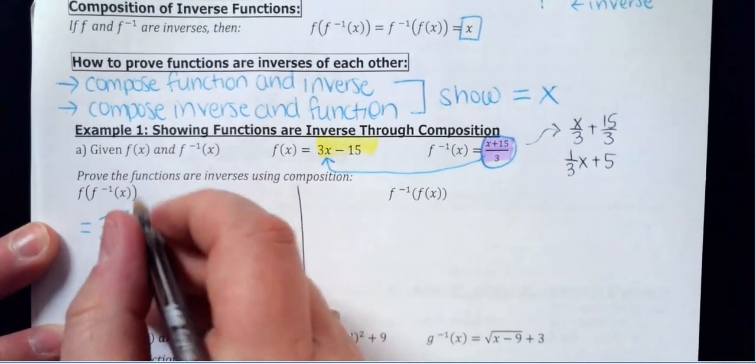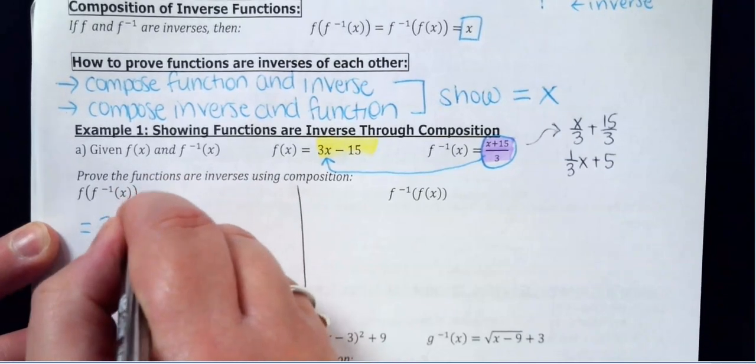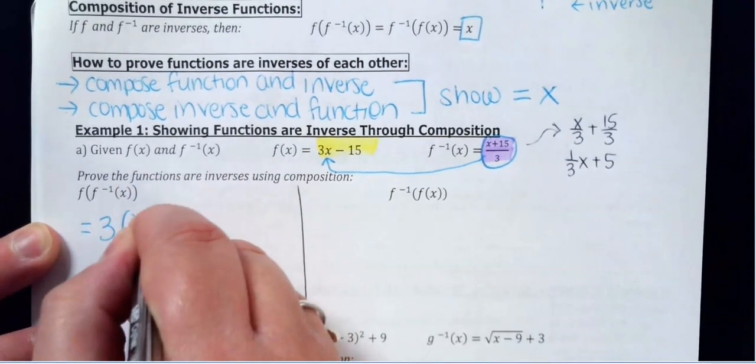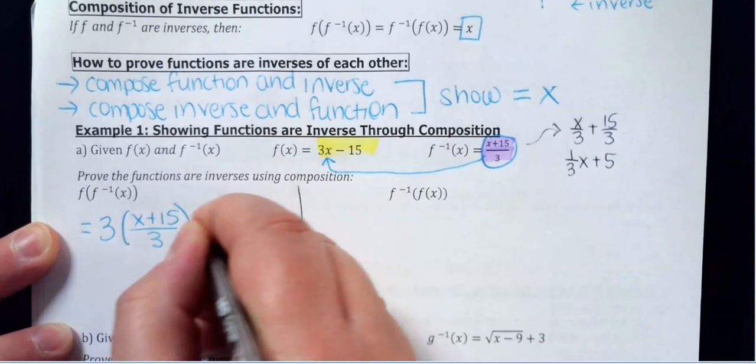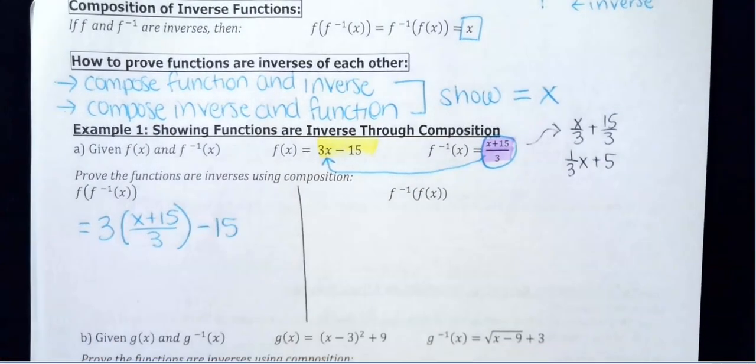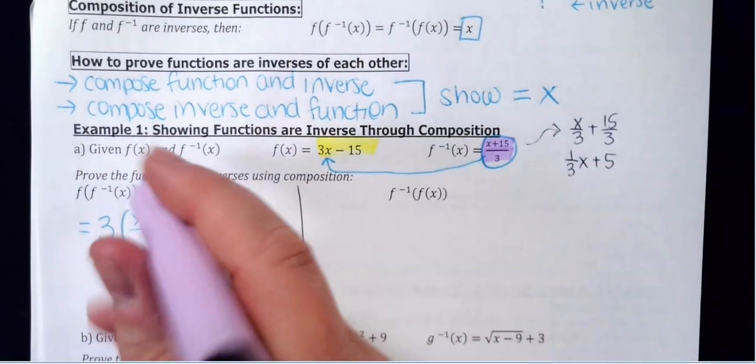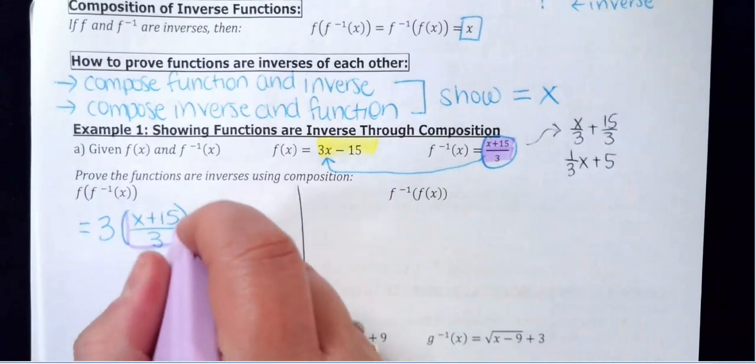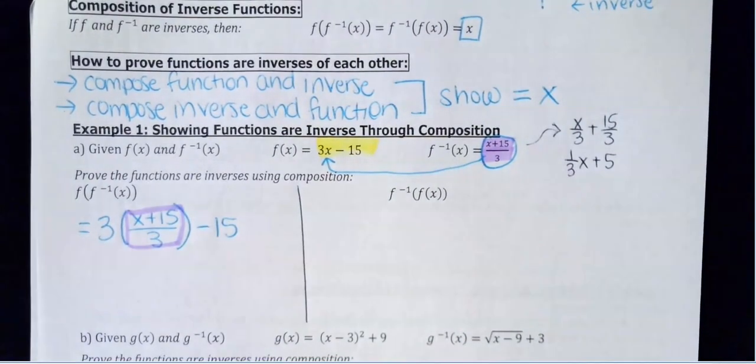Instead of 3x, I'm going to write 3, and then I've got this fraction in parentheses, and then minus 15 on the outside. Here's me plugging the entire inverse in place of x.